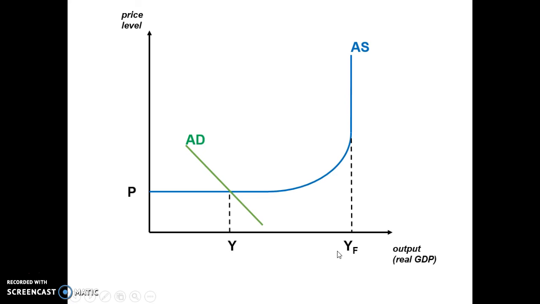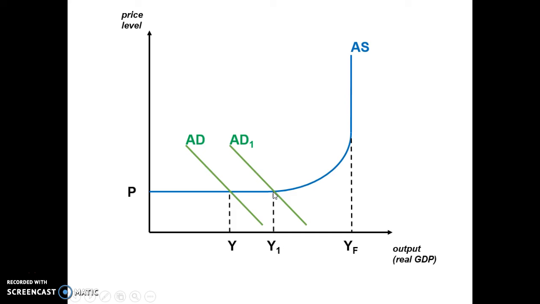So many people were unemployed, so many factors of production weren't being used, that to make the little jump from AD to AD1 and use some of those factors of production really cost firms so little that prices didn't go up, while we are enjoying as a nation an increase in output.